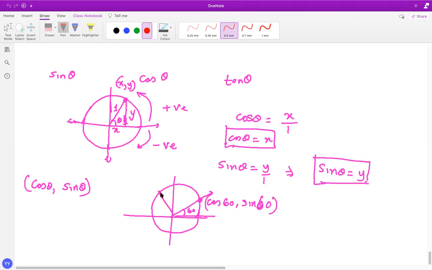Similarly, if this angle is 120, this is going to be cos 120 comma sine 120. If I'm here, at somewhere around 240 degrees, this will be cos 240 comma sine 240. So generally, any point along the unit circle has coordinates given by cos theta comma sine theta.